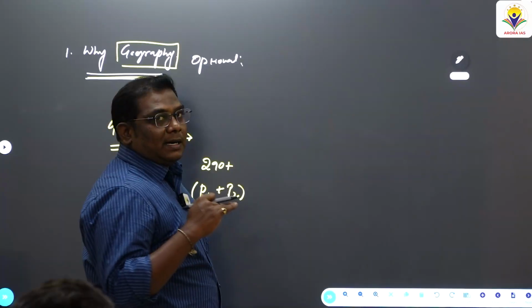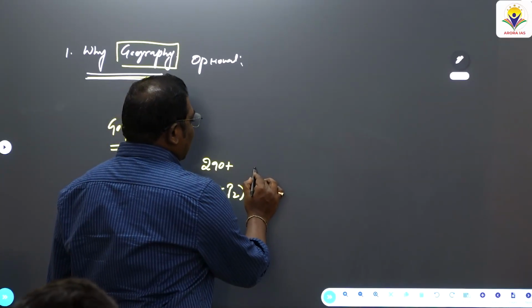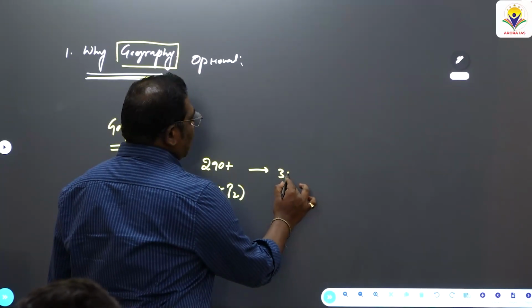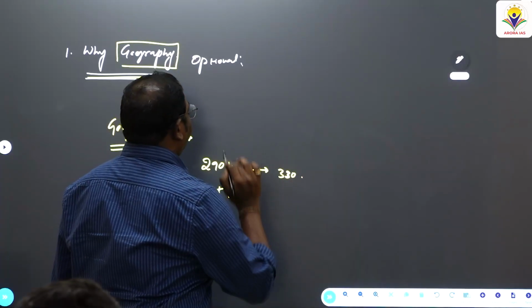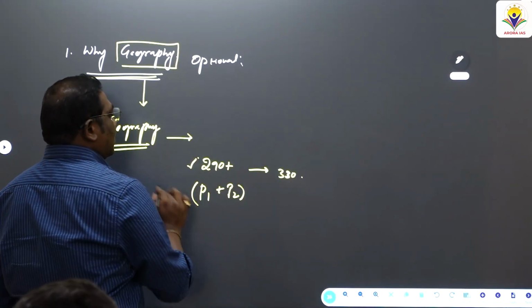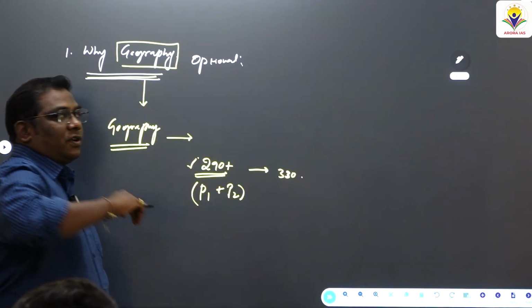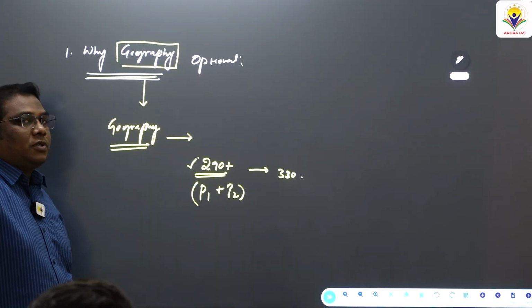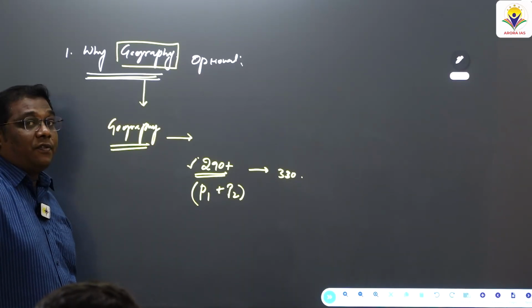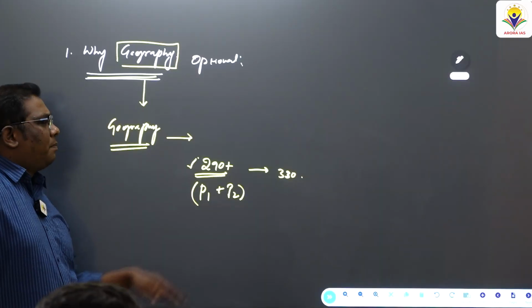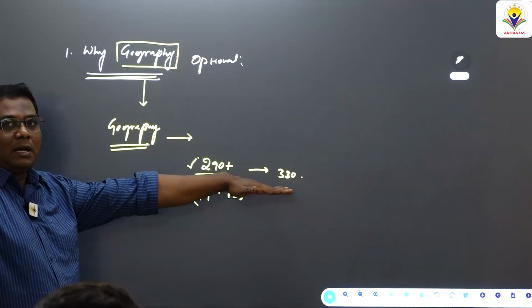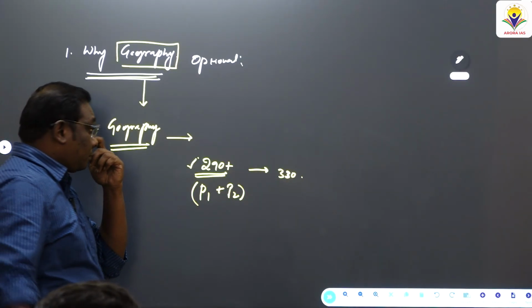If you work a little more than average, you have a chance of up to 320, 330. Even 350 is possible, but up to 330 is the general benchmark.